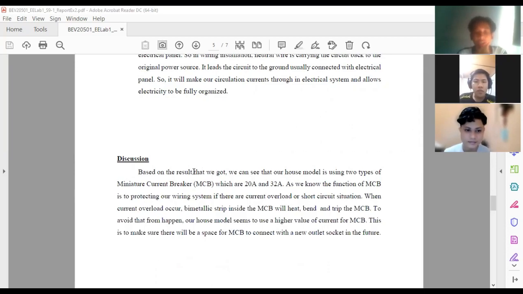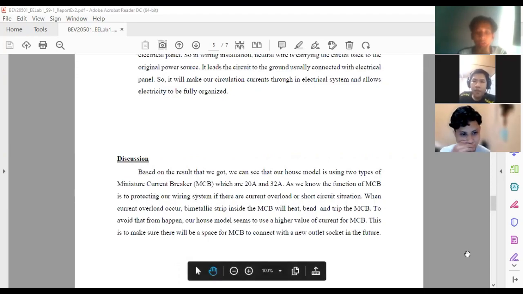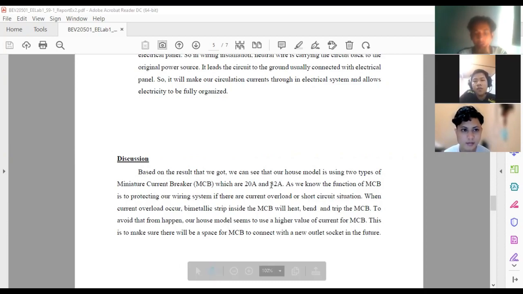So for the discussion, as we know, the MCB's function is to protect our wiring circuit if there is a current overload or short circuit situation. The reason we use a higher value of current for the MCB is to give us space to add another outlet socket in the future.